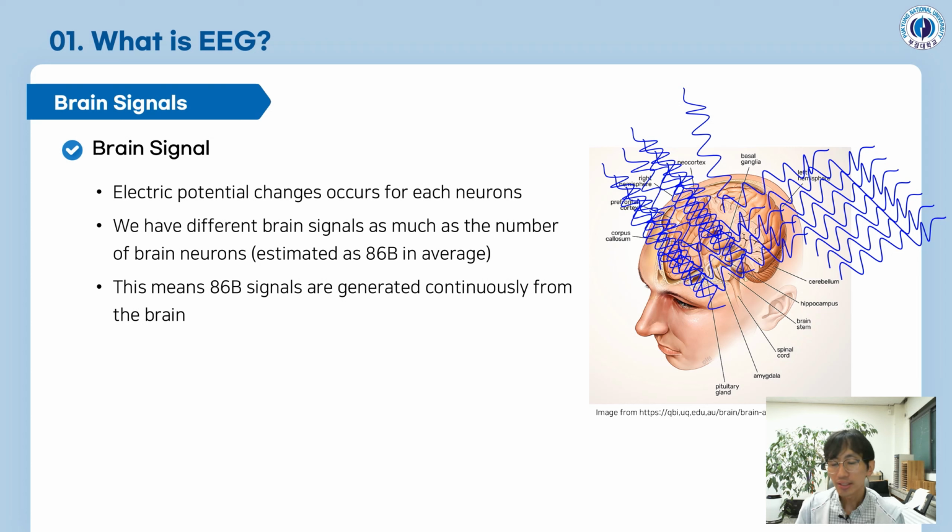So let me compare this signal to our hearts. Our hearts generate ECG, electrocardiogram, and this is pretty simple because ECG is just a heart movement. There is only one heart. Of course, we can divide the heart into several parts, but it's not more than 10.